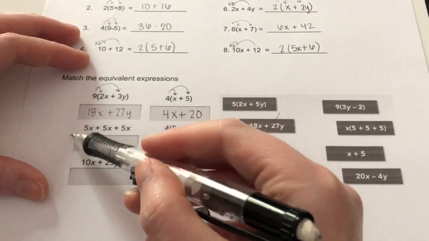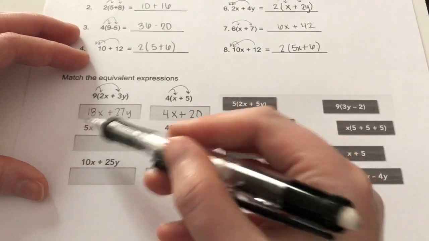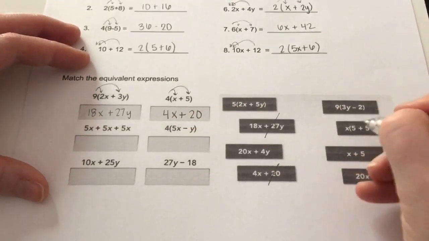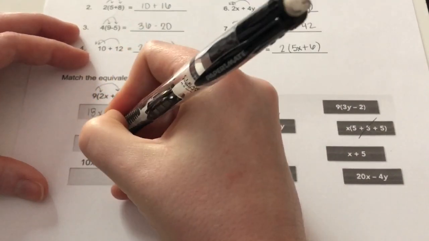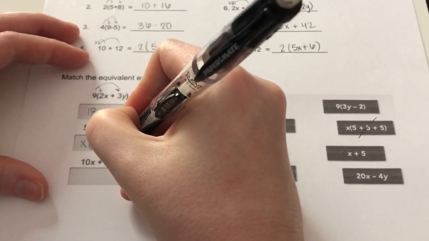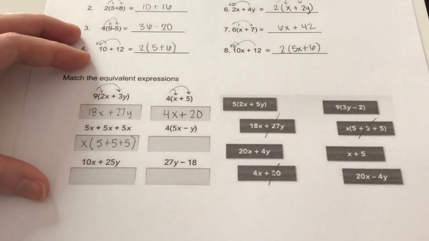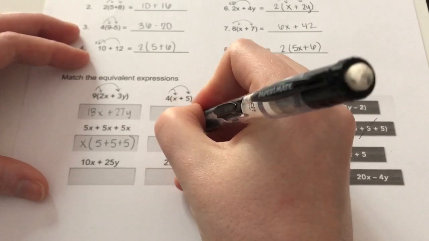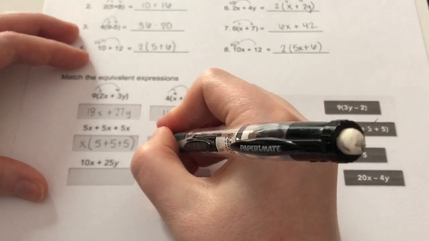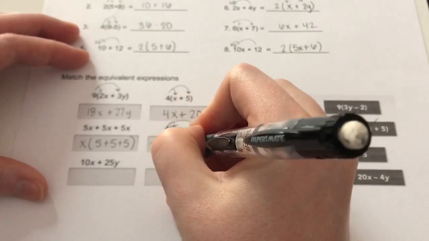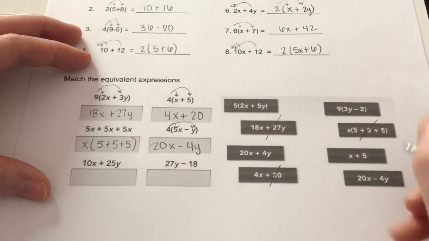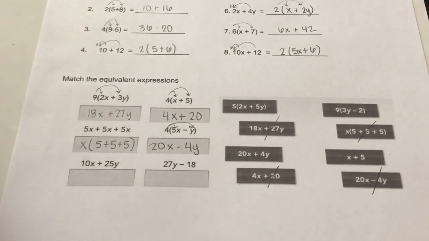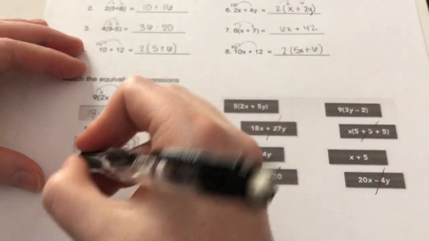Well, I could either undistribute the 5 or I could undistribute the x, but it looks like this is the one that matches, so we'll do that. And then this is a great way to check to make sure I'm doing this right, because if one of them isn't one of the options, then I know I've done something wrong.